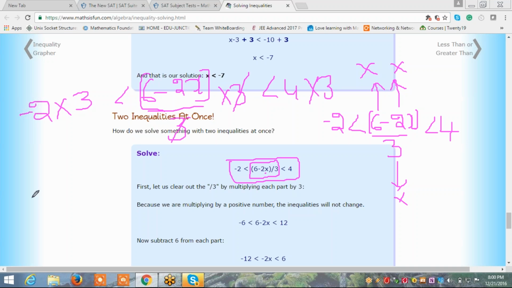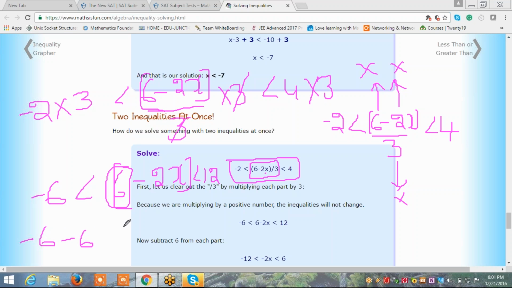The 3 in the middle term cancels, and we get -6 less than 6 minus 2x less than 12. What is the next term we need to remove now? 6. Yes. In order to remove 6, we need to subtract 6 on both sides. So -6, -6.